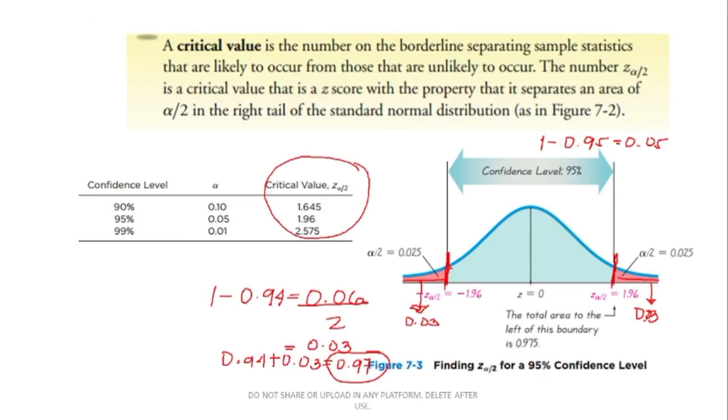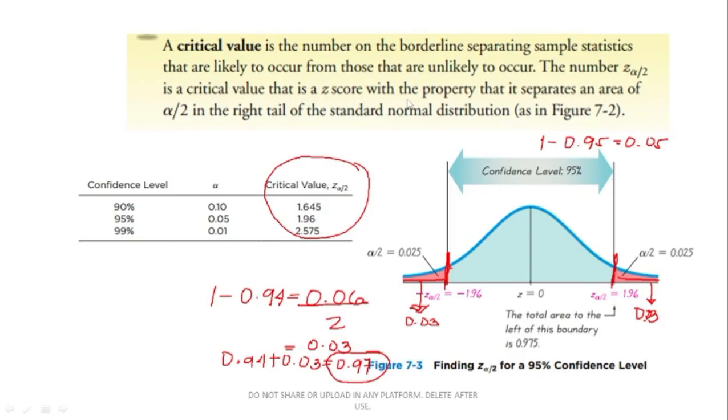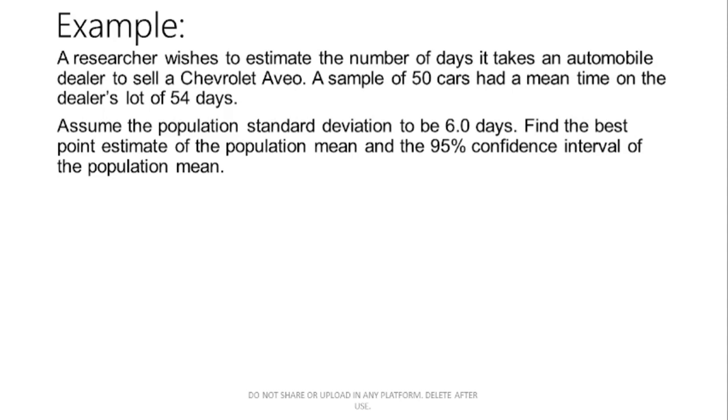Okay, let's try to solve these problems using our equation, for how we get the confidence interval. I hope you're following the conceptual parts, okay? So let's try this one. A researcher wishes to estimate the number of days it takes an automobile dealer to sell a Chevrolet Aveo.